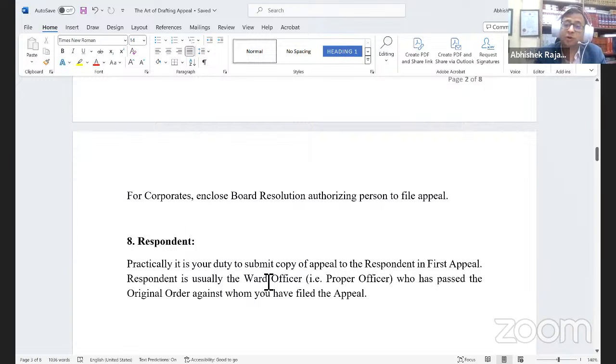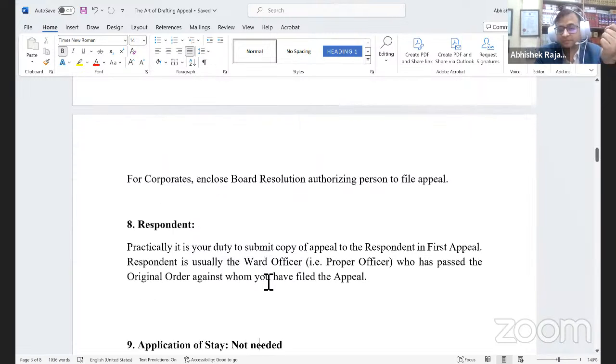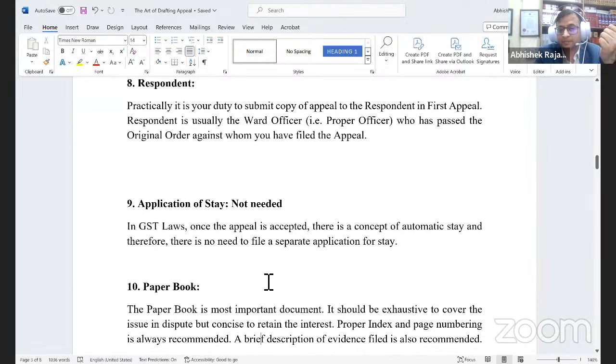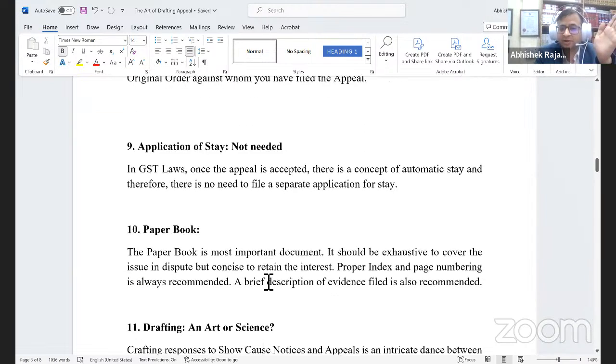Meet the officer. See, tomorrow you would be visiting that officer in some other case, or let's say next year, next assessment year, with the same client again, he is still the same officer, even if you have gone to appeal against him. Then I will discuss that a stay application is not needed.